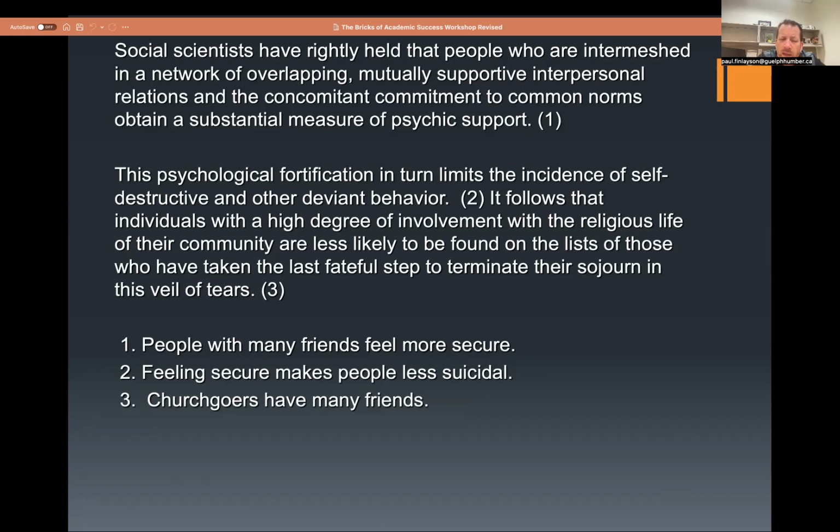So essentially, they feel more secure, and these people who are involved in their communities and have good relationships and some sort of religious life in the community are less likely to do what? Commit suicide. That's what it says. That's what terminating their sojourn in this vale of tears says. So basically, churchgoers or religious people are less suicidal. That's what it says. Why didn't it say it?